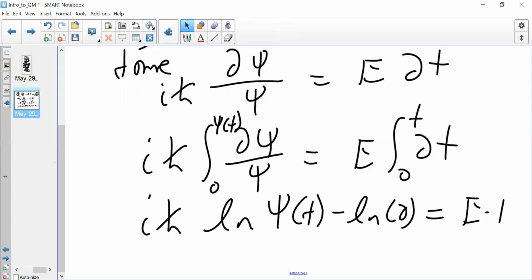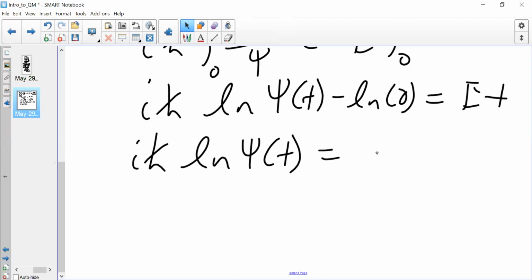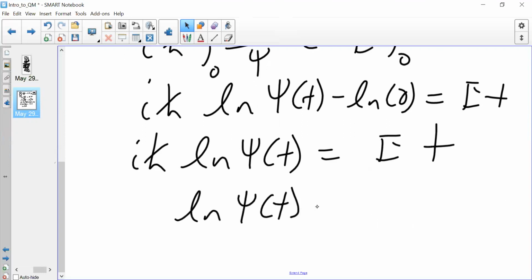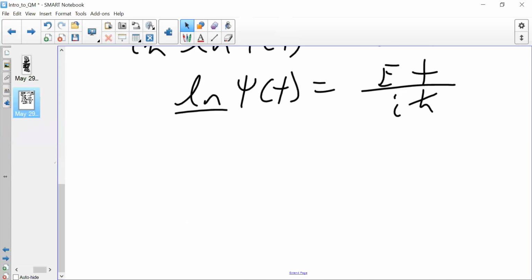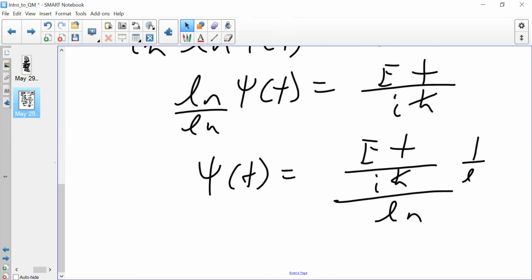So Et. That becomes natural log ψ of t, iħ. Okay. Pulling all down to the ψ of t there: Et over iħ. Exponentiating both sides, one over natural log is the exponential function.